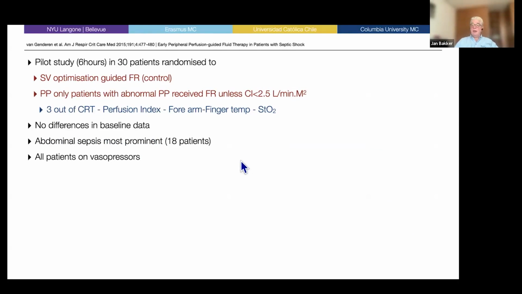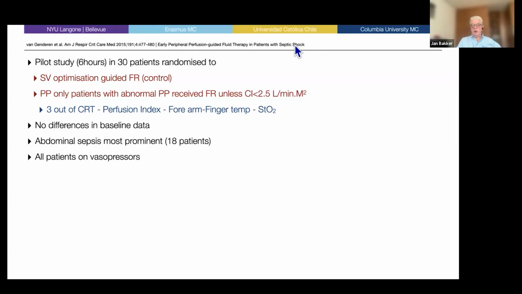Now, if you assess the efficacy of your treatment by using capillary refill time, and so do not resuscitate the patient with normal capillary refill time or normal peripheral perfusion, and resuscitate the patient with abnormal peripheral perfusion. That's a proof of concept study Michel van Genderen did in 30 patients with septic shock.